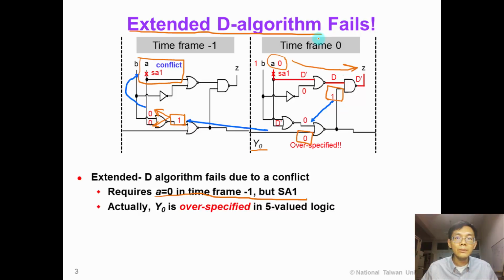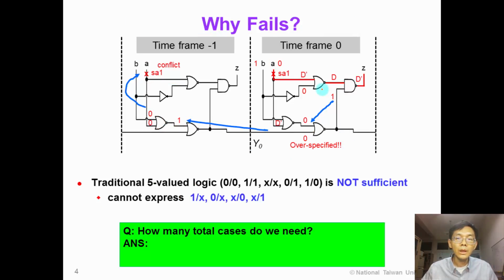So this is very confusing, since we already showed that this fault is testable. Why does the extended D algorithm fail? This is because Y0 is actually overspecified in the 5-value logic. If we think about it, actually this value does not have to be 0.